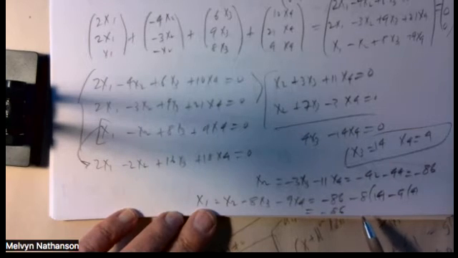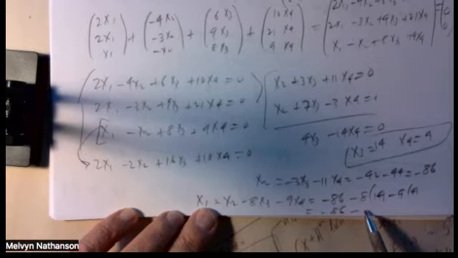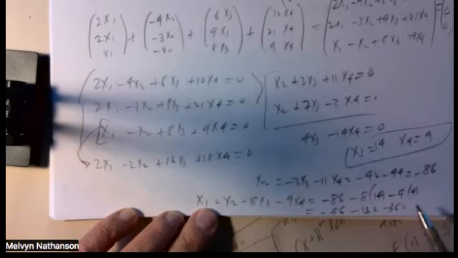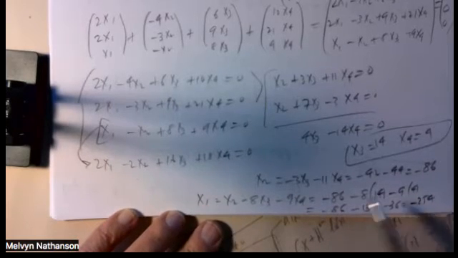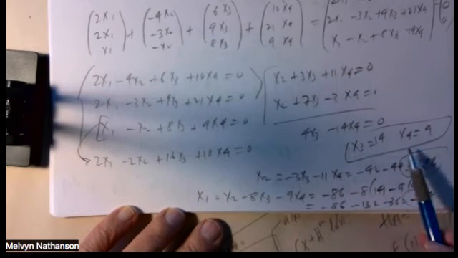Minus 86 minus 132 minus 36. So this is 86, 168. It might be minus 254. In any case, I have values for x1, x2, x3, and x4, and I solve the problem.